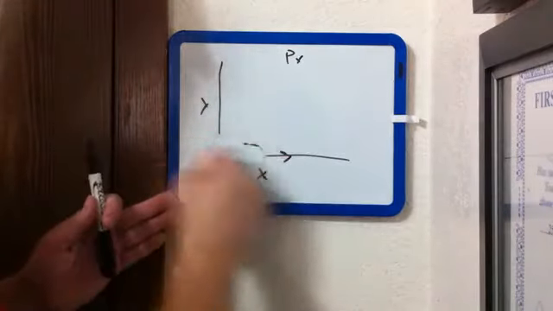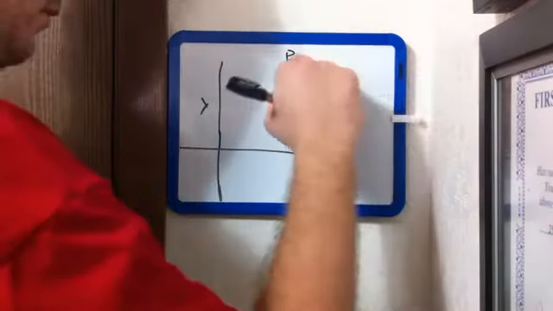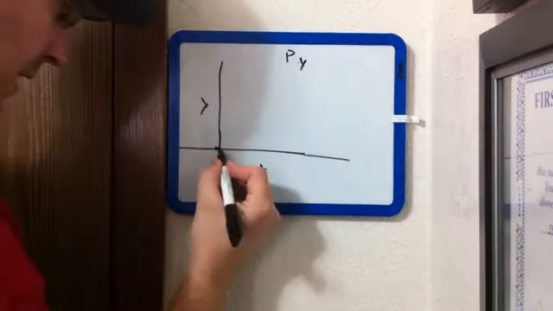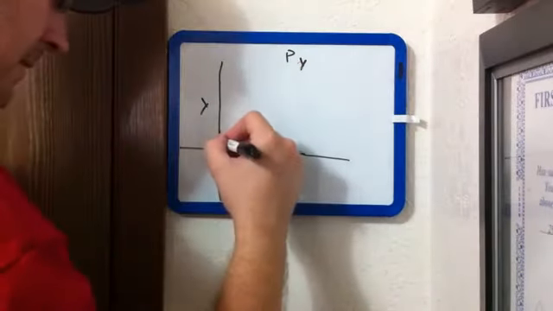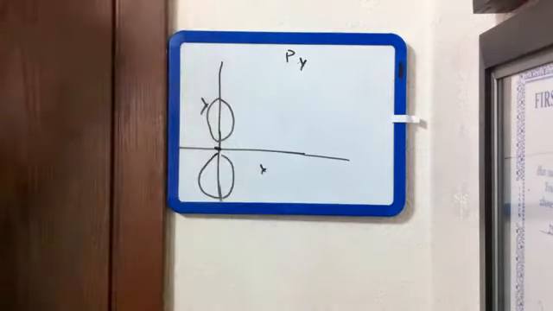So that's pretty easy. Well, what do you think of py? We'll change that to py. I'm going to have my p orbital oriented along the y-axis, like that.